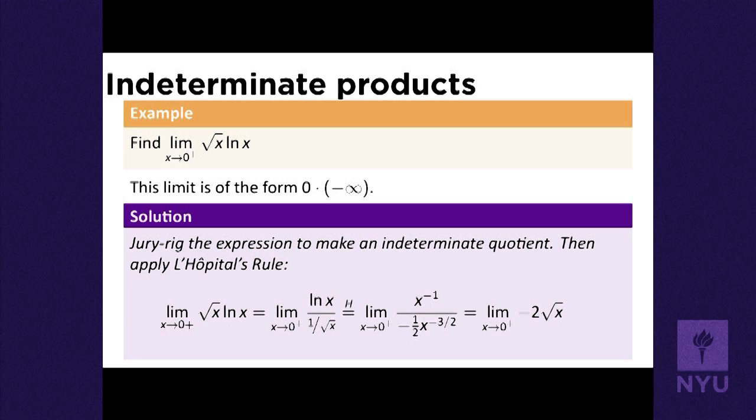X to the minus 1 divided by x to the minus 3/2, you're going to subtract these powers, right? Minus 1 minus negative 3/2 is positive 1/2. And so the actual limit I have is negative 2 times the square root of x. As x goes to 0, what happens to negative 2 times the square root of x? It goes to the square root of 0, which is 0.